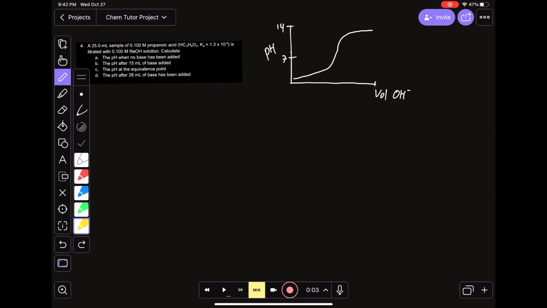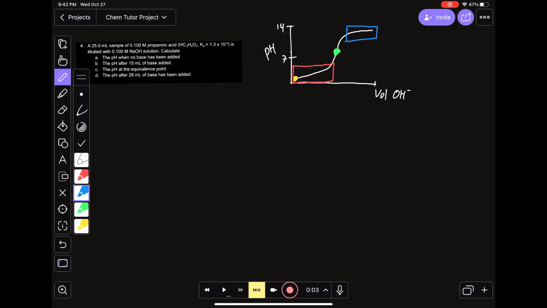One at the beginning when no base has been added, here as you can see with the yellow dot. We're going to be calculating it again at the equivalence point, which is about here where the green dot is. And then we'll also be calculating the pH somewhere before equivalence point in this red box, as well as sometime after equivalence, which is in this blue box.